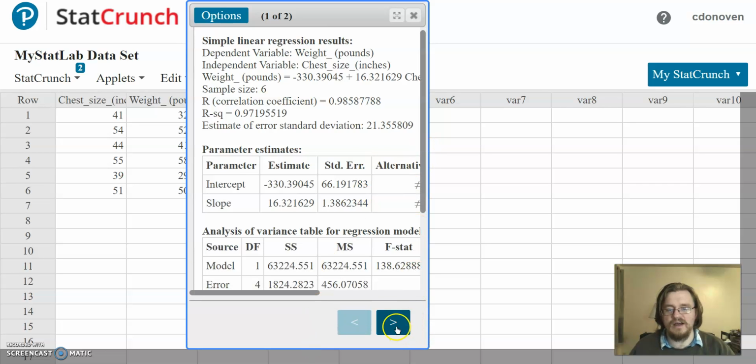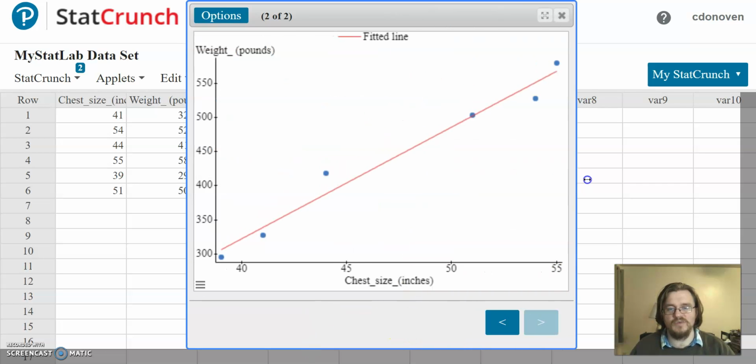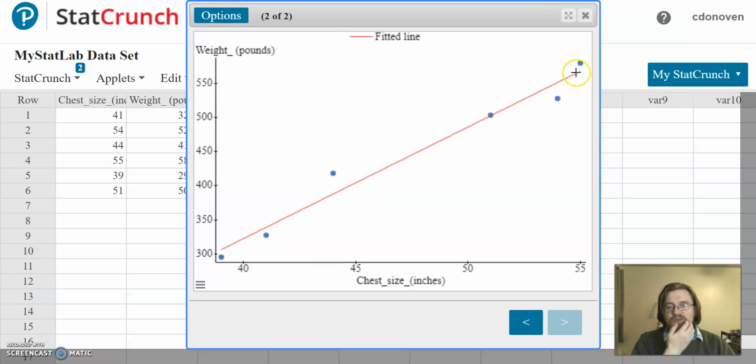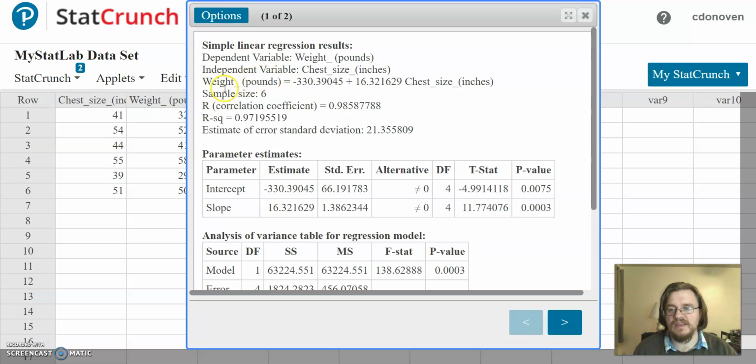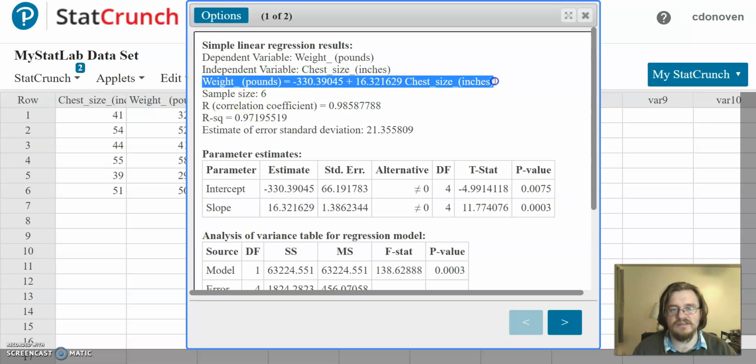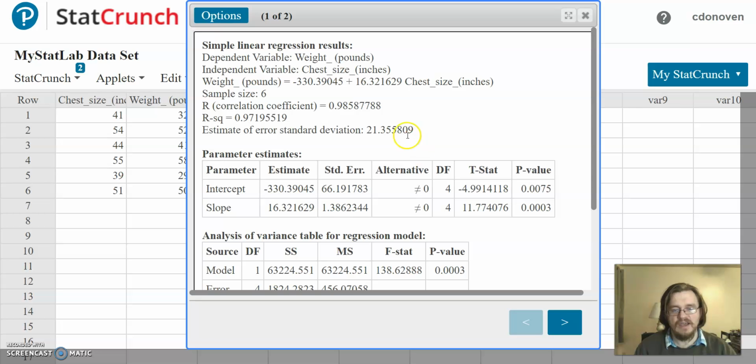So let's look. First of all, let's look at what our line is here, and we can see that yep, this is our line. It's going through the data values. It looks to be pretty good. Here is our equation that pops out. The predicted weight will be equal to negative 330 plus 16.3 times the chest size.